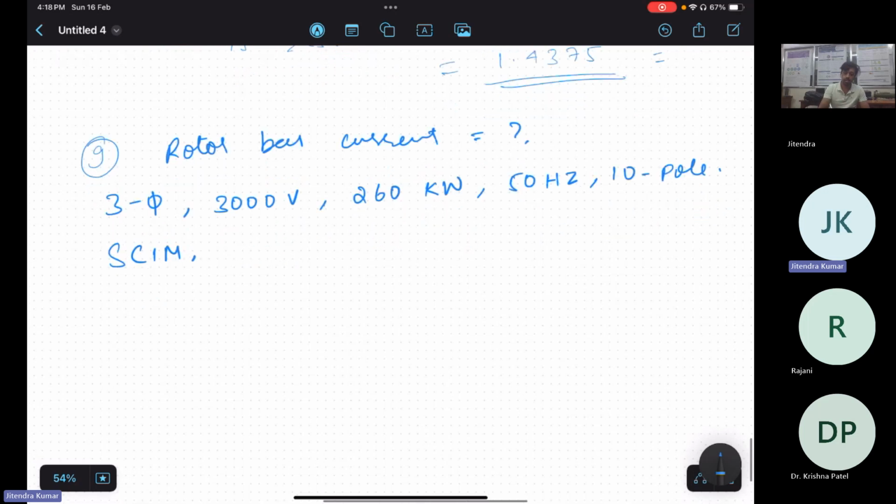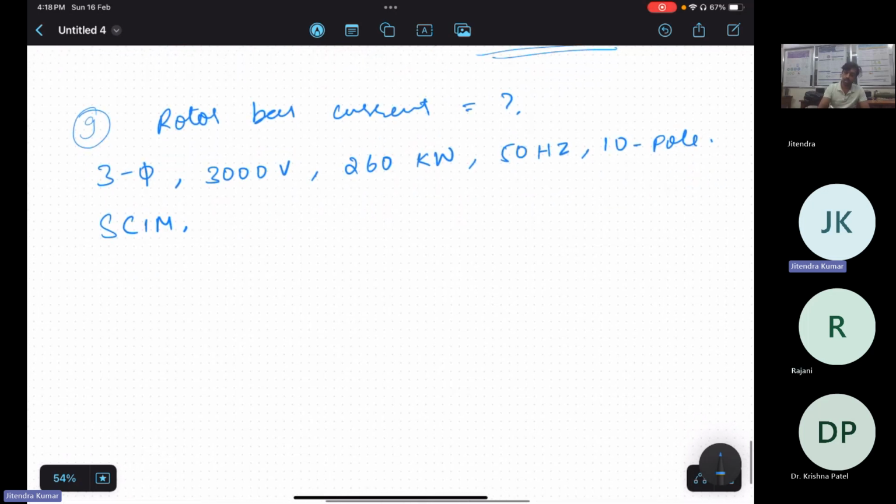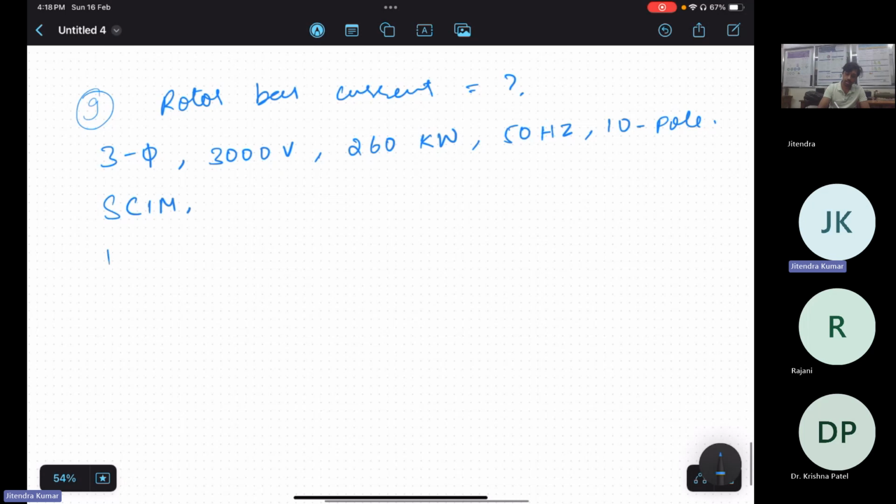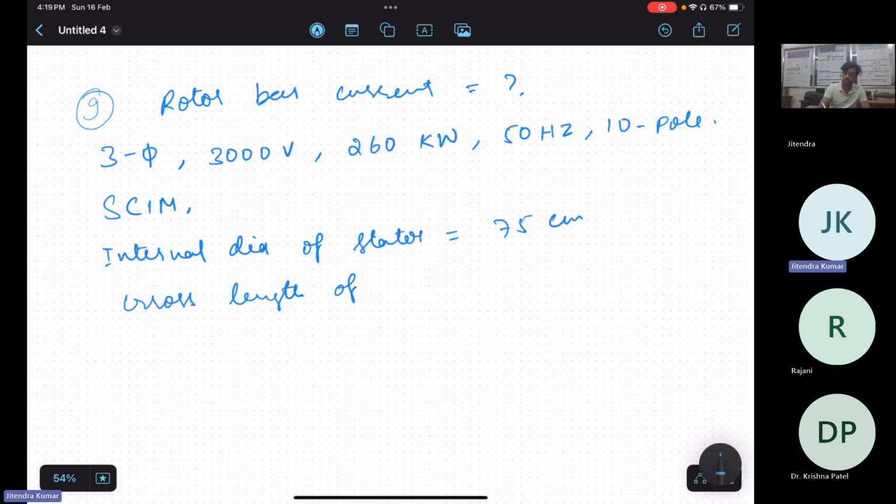The internal diameter of the stator is given as 75 centimeter. The gross length of the stator is 35 centimeter.